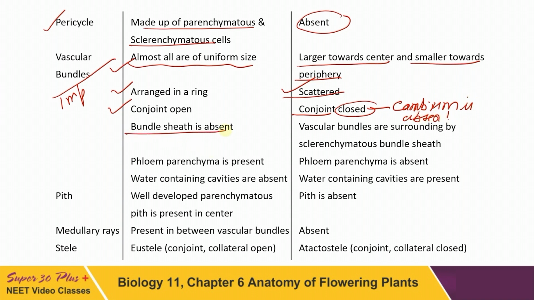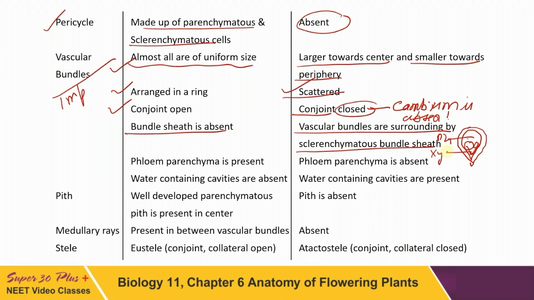Bundle sheath is absent here. Here the vascular bundle is surrounded by a bundle sheath. This is the vascular bundle and this is the bundle sheath. This is the xylem, with vessels arranged in a V shape, and this is the phloem.